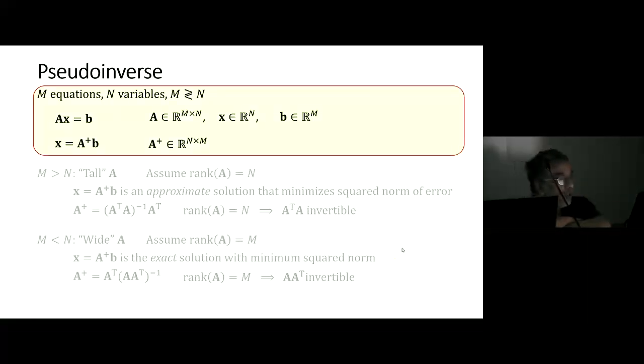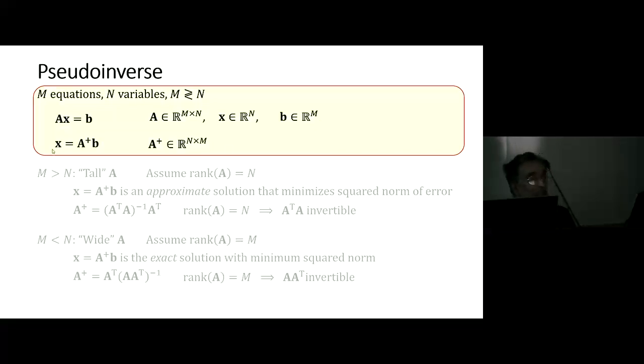So first, just an overview. This is what we have: m equations and n variables, and m and n might not be the same. They could be different. And we have to solve Ax equals b, where A is an m by n matrix, x is an n-dimensional vector, b is an m-dimensional vector.